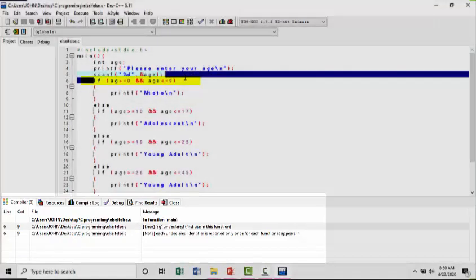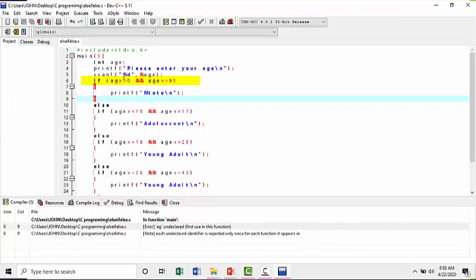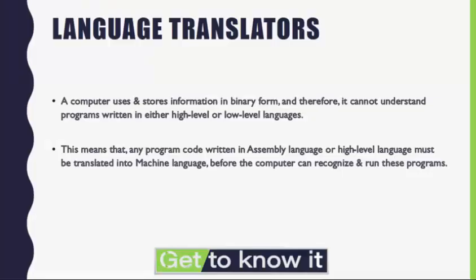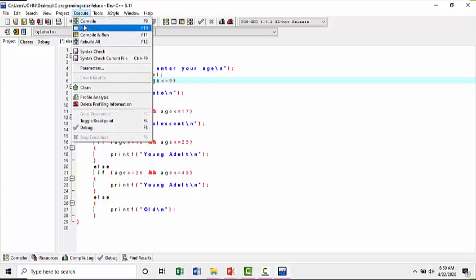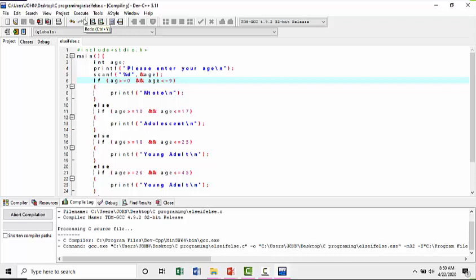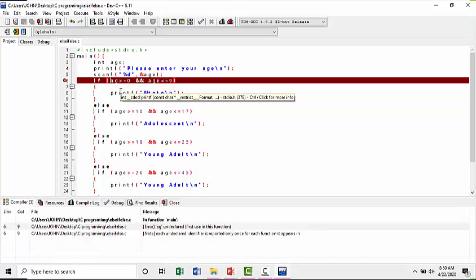So translators, just as the name suggests, will be translating the source program into object code, and in addition, they will also check for errors in your program statements. So if while programming you made some errors, these errors will be identified by the translators, and in some cases the program may not run until the errors are resolved.